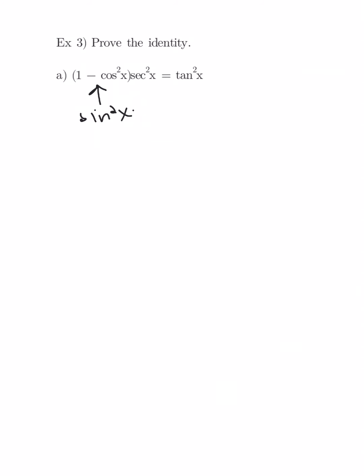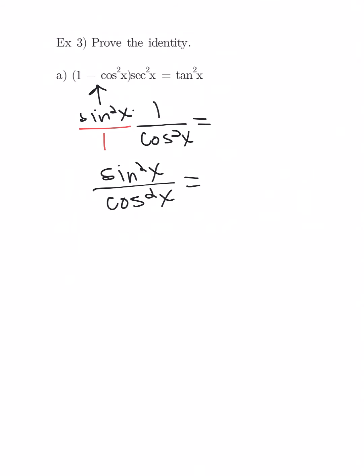So I'm going to rewrite the secant squared as 1 over the cosine squared of x. And we're trying to get this to equal tangent squared. Well, if I use fraction rules, if I take sine squared of x, which is technically over a 1, and multiply those fractions, taking the top times the top and the bottom times the bottom, I get sine squared of x over cosine squared of x.